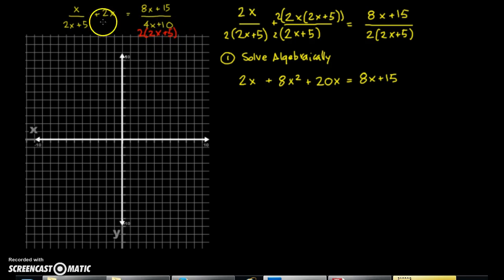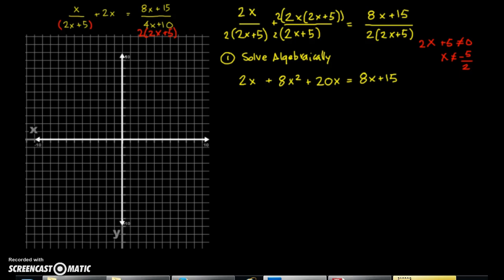So I have, for the most part, only one situation where I have a point of discontinuity for this entire thing. And that only happens where, let's just spell it out, 2x plus 5 cannot equal 0. I can't have it equal 0 no matter what. So that means x cannot equal negative 5 over 2.